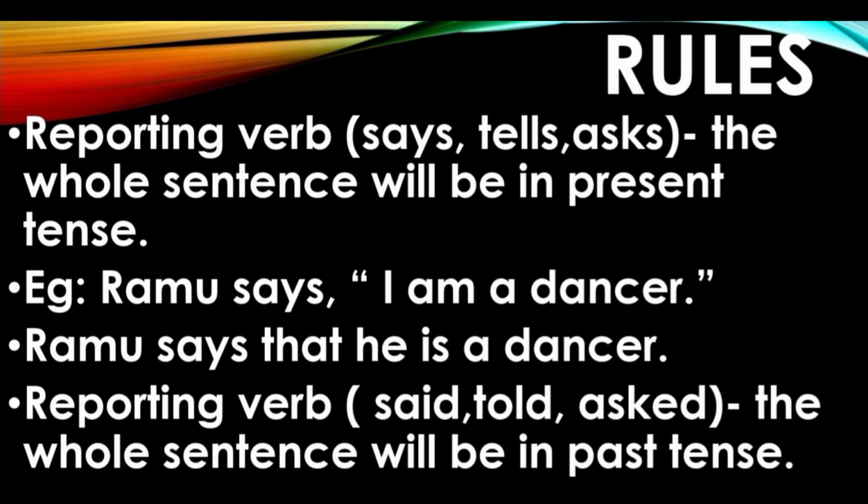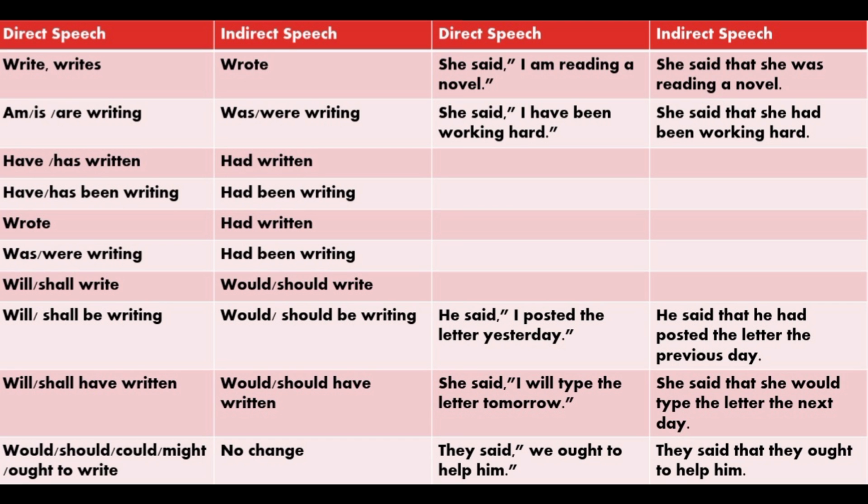Let's see how the tenses normally change when the reporting verb is in past tense. When we are converting direct into indirect speech, if the verb in the first part is past tense, the whole sentence will change into past tense.